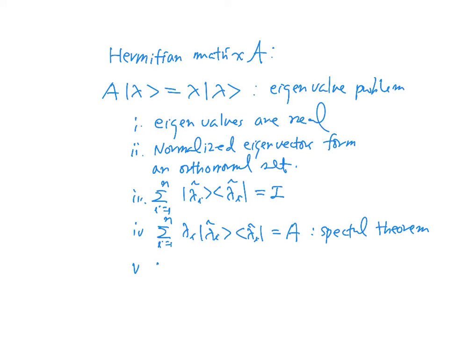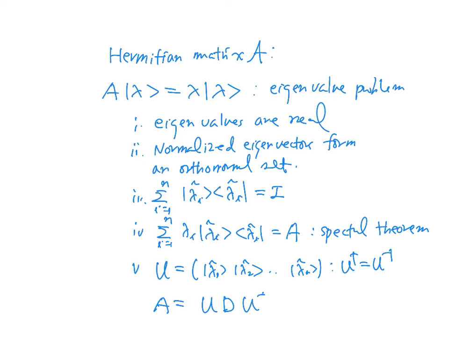Fifth, if you form a matrix with normalized eigenvectors, it's unitary, and A can be written as U D U dagger.